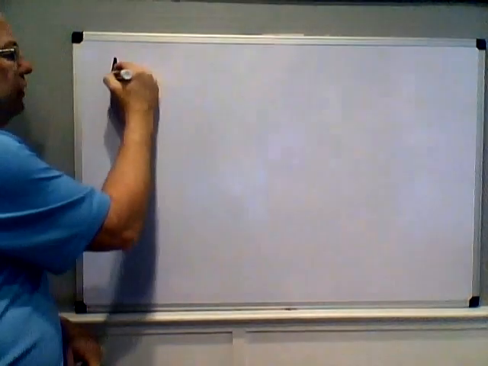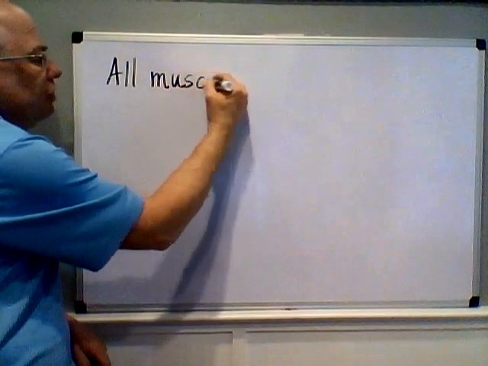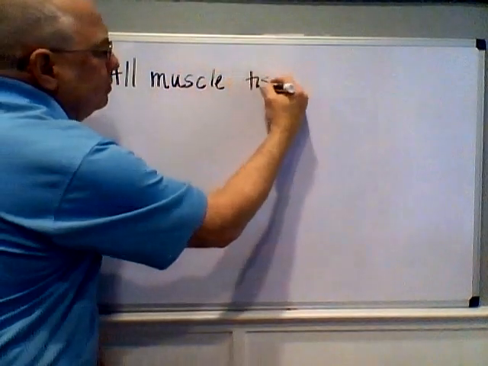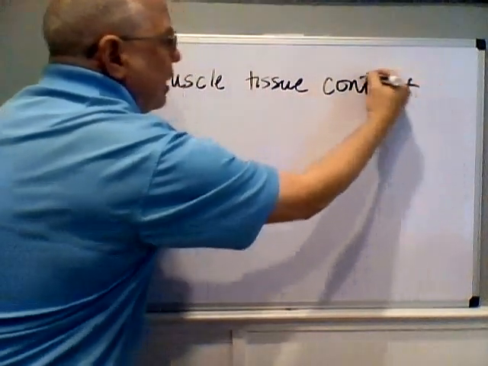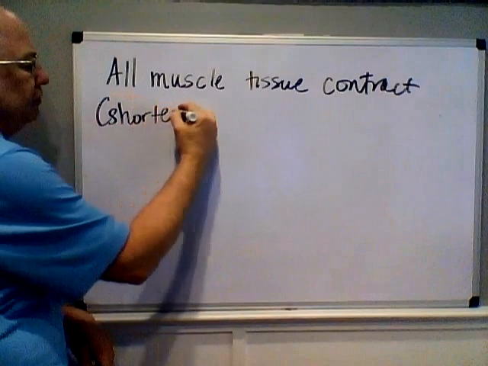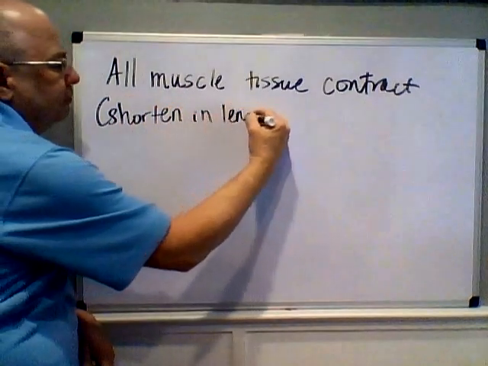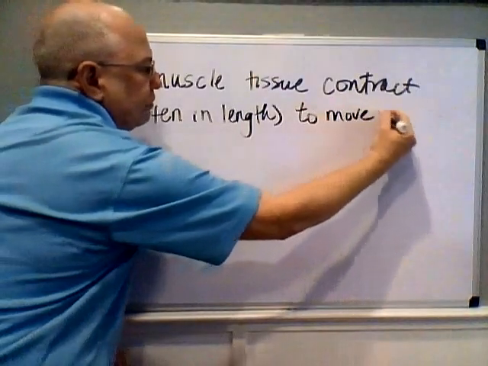All right, so if you're following along on the worksheet or note set, one of the things you need to know is, what does all muscle tissue do? All muscle tissue is going to contract, which means that it will shorten in length to move things.